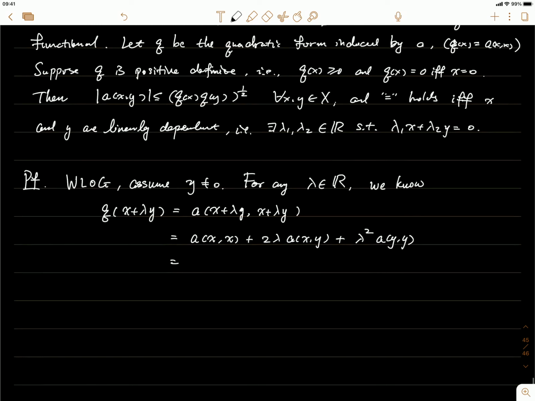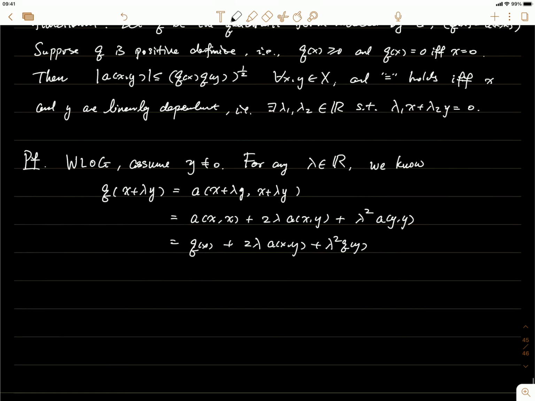And we know this is just Q(x) squared plus 2 lambda A(x,y) plus lambda squared Q(y) squared. Okay, so let's set this lambda to negative A(x,y) over Q(y) squared.